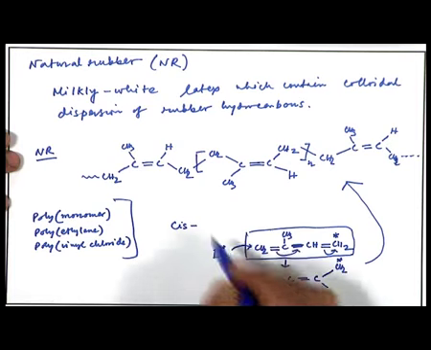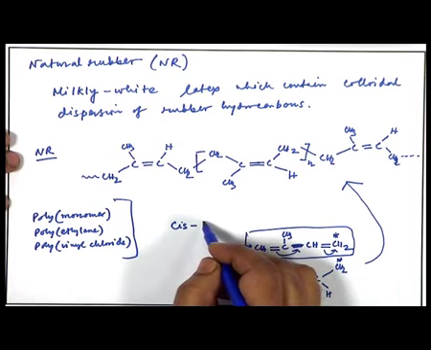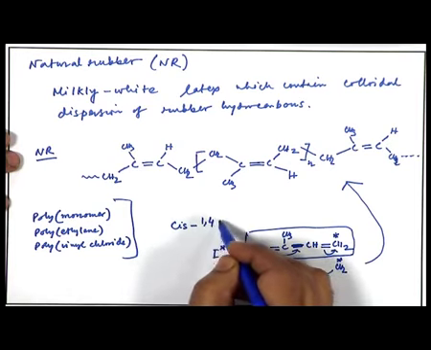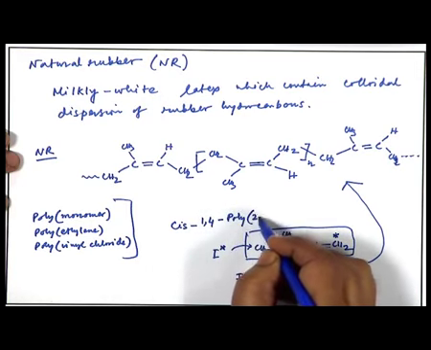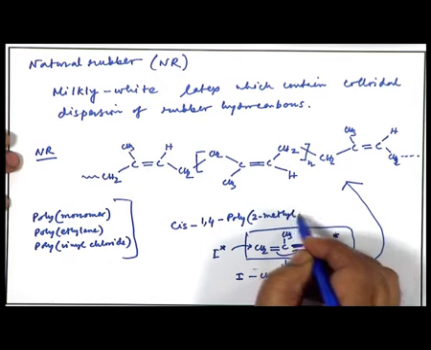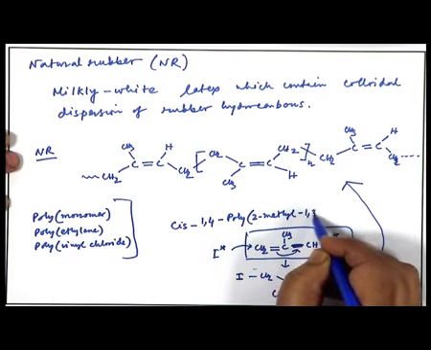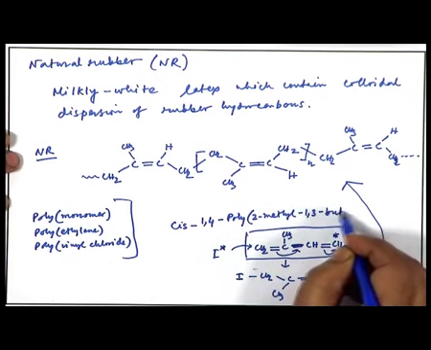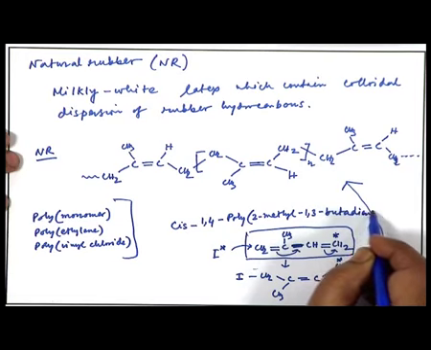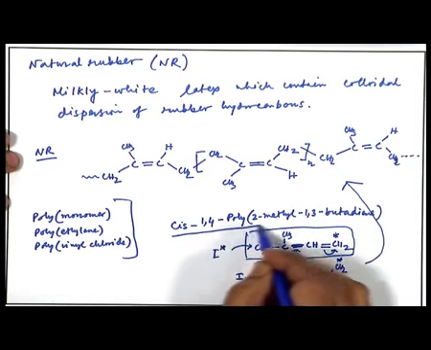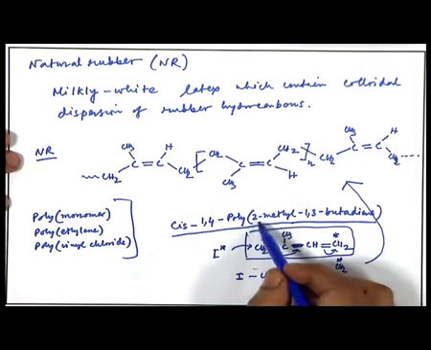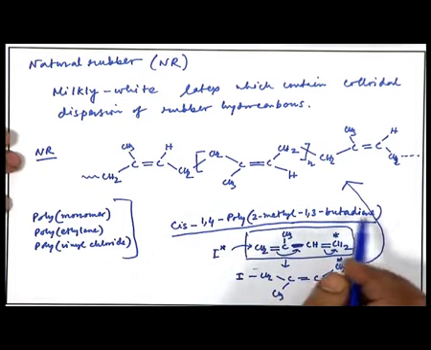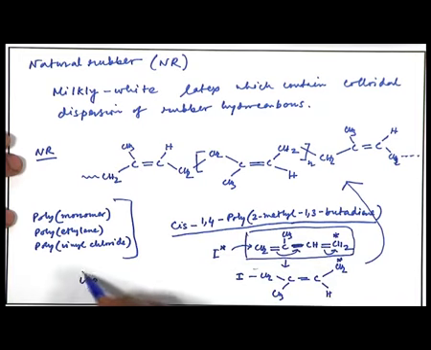So, we are writing cis 1,4 poly 2-methyl 1,3-butadiene. So, this is the name of this natural polymer, and 2-methyl 1,3-butadiene is also commonly written as isoprene.